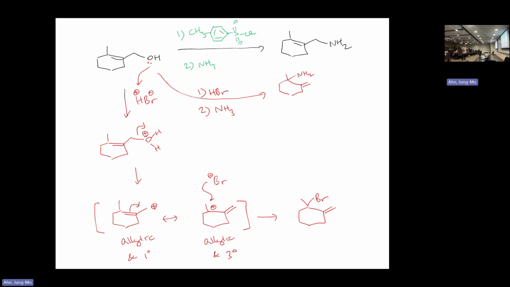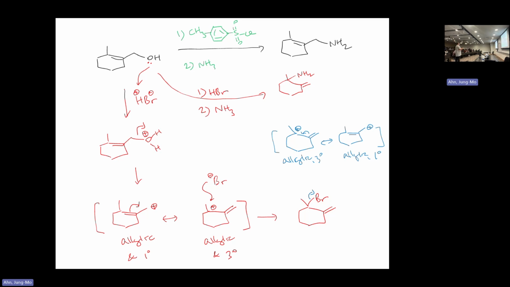Then there's another thing. You're going to treat this with ammonia, but this is a tertiary halide. SN2 reaction never goes on a tertiary halide. Even though ammonia is a good nucleophile, it doesn't make an attack. So nothing happens until the bromide falls off and makes a carbocation. Once it makes a carbocation, then it's basically going back to this allylic system again.